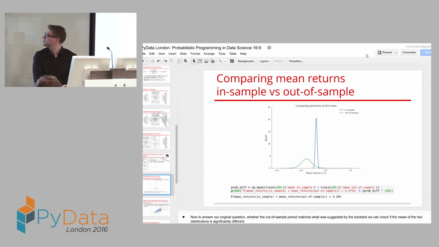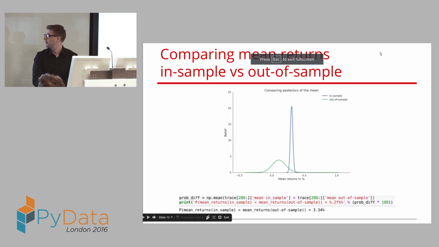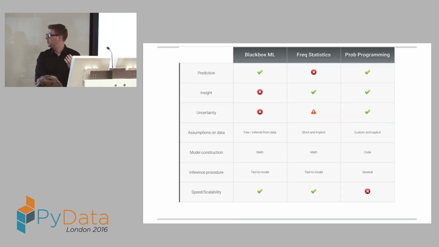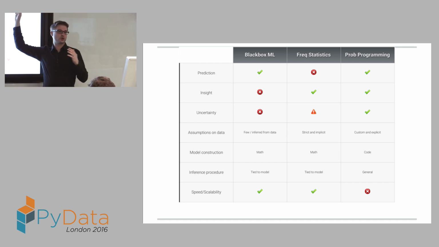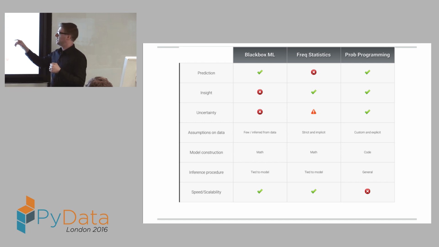So that was the advanced example. And I just want to close with this overview slide comparing the different approaches. As I showed you, hopefully, with probabilistic programming you can also do prediction. We can use a neural network model to predict returns.